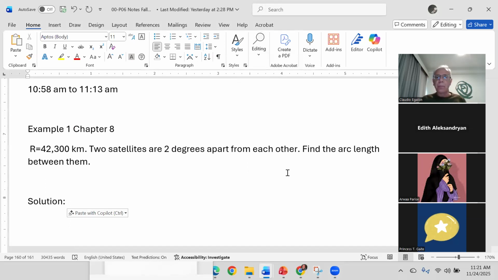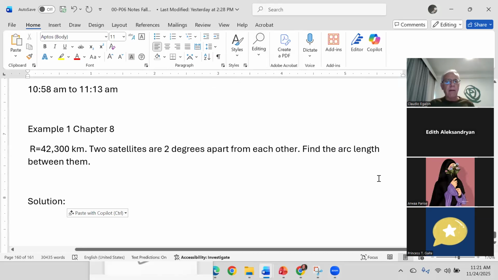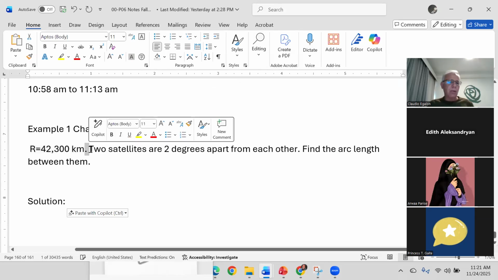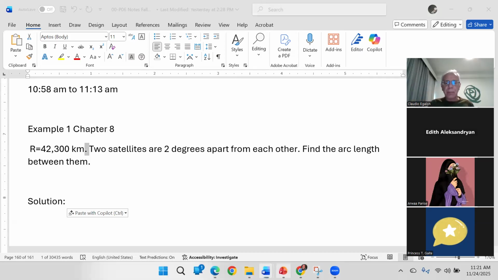We have two satellites 2 degrees apart from each other. Find the arc length between them. And by the way, those satellites are in geostationary orbit around 42,300 kilometers from the center of the Earth. Okay, so let's see.